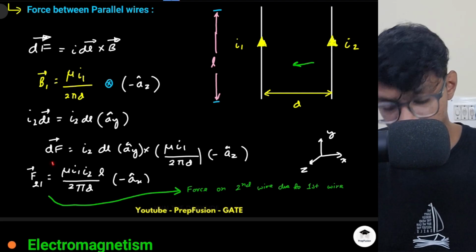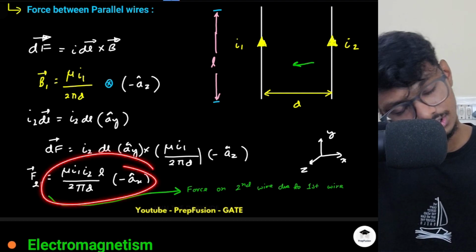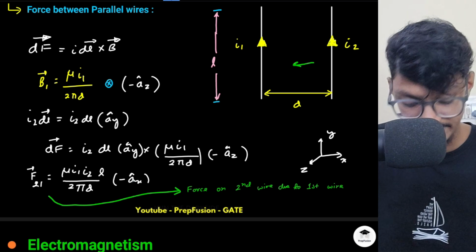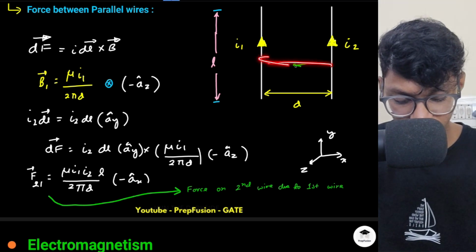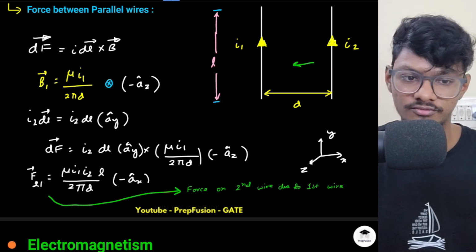If you derive the force on the first wire due to the second wire, the magnitude will be the same, but the direction will be different. F12 will be in the plus x cap direction. So both of these forces will be attractive in nature.